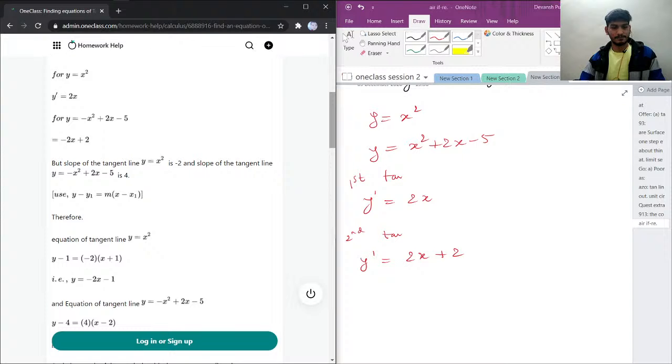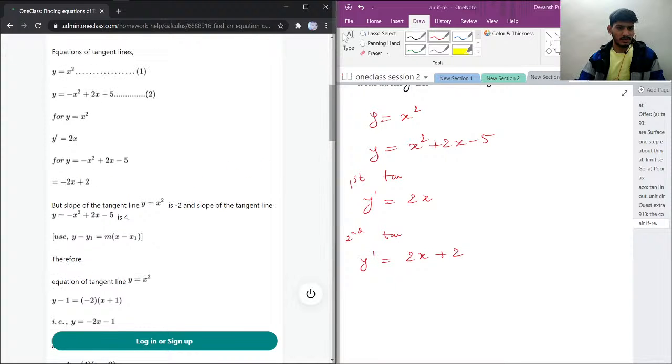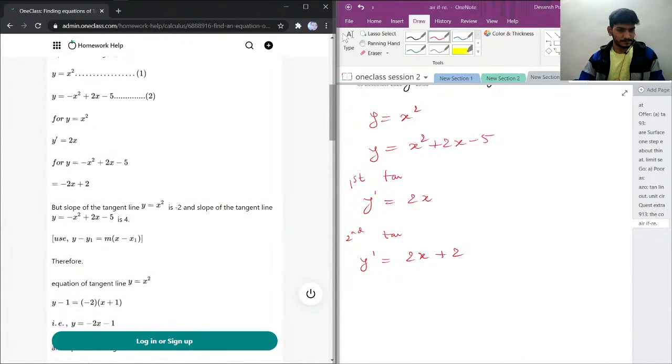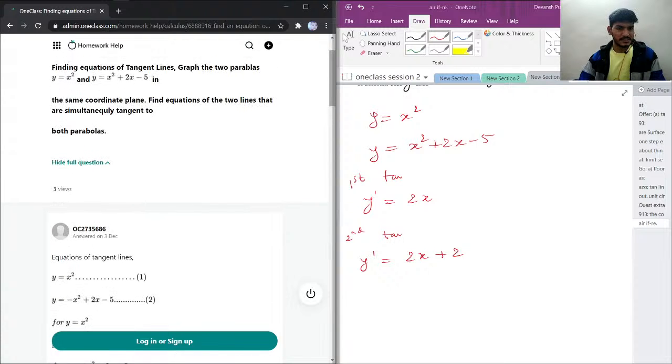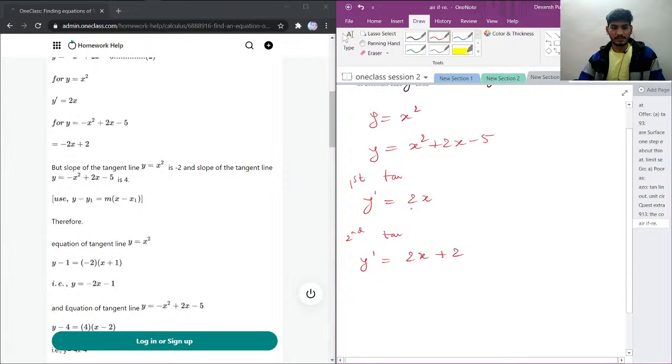Now, why this is minus? I don't get it. There is a mistake here. This shouldn't be minus. This should be plus 2x plus 2.